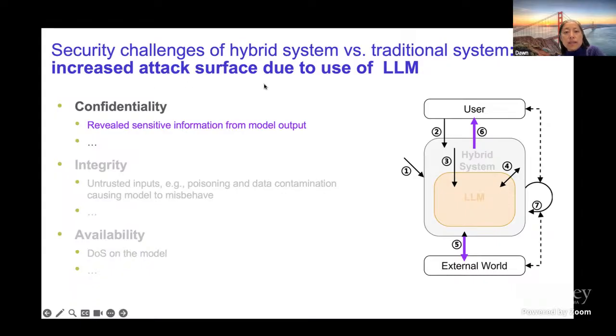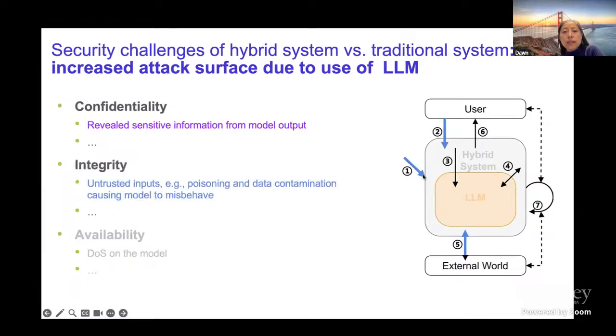For example, for confidentiality, the LLM can process sensitive information, and then when it sends output to the user or to the external world, through the overall system output, this output could contain sensitive information. So this is an additional attack surface due to the use of large language models.